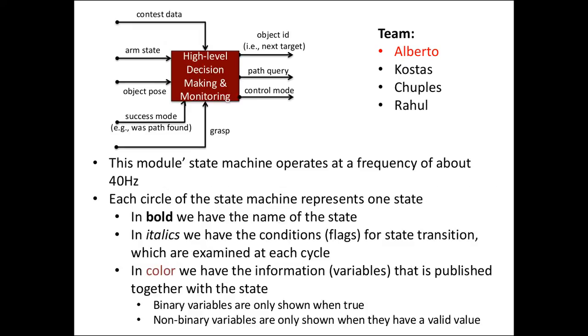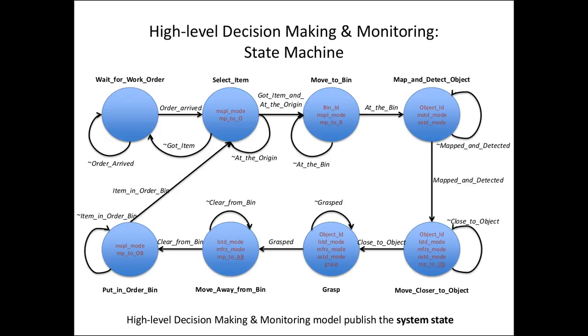Going back to the state machine, I'm going to try to explain to you the rationale behind these two models and how they operate. So, say that we are in this state and we are moving to the front of the bin. When we are moving to the front of the bin, the mapper system is going to be in the simple mode.